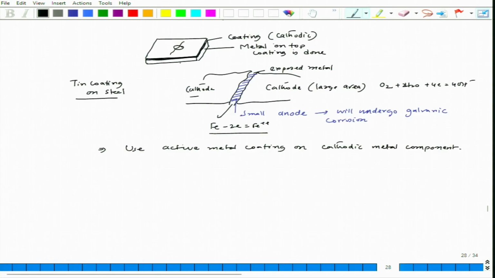So, let us give one more example on cathodic and anodic area, and this is related to coating. Okay. So, this was an example on large cathode and small anode.